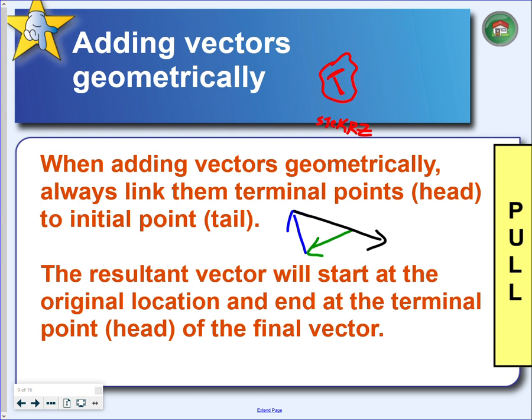And my resultant is actually going to be, and I didn't mean for it to be like this, from this point where the green one started to this point where the black one ends. So the steak is actually going to end up moving with a resultant that big and in that direction. Which means that big doggo with the black vector is going to win the steak, but it's going to be a very, very slow pull. Okay, because it's such a short vector.